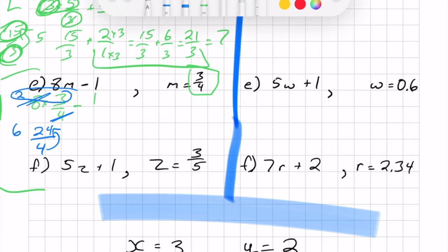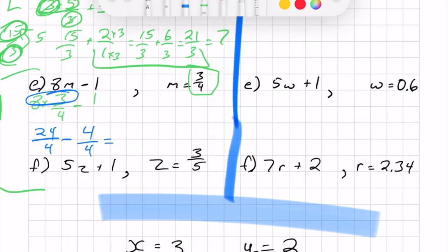Okay, so I'm just going to delete this, and I'm going to work it all the way out. So I have 8 times 3, which is 24/4, minus 1, and this 1 is going to be 4/4, and then that is going to give me 20/4, which is going to be 5.